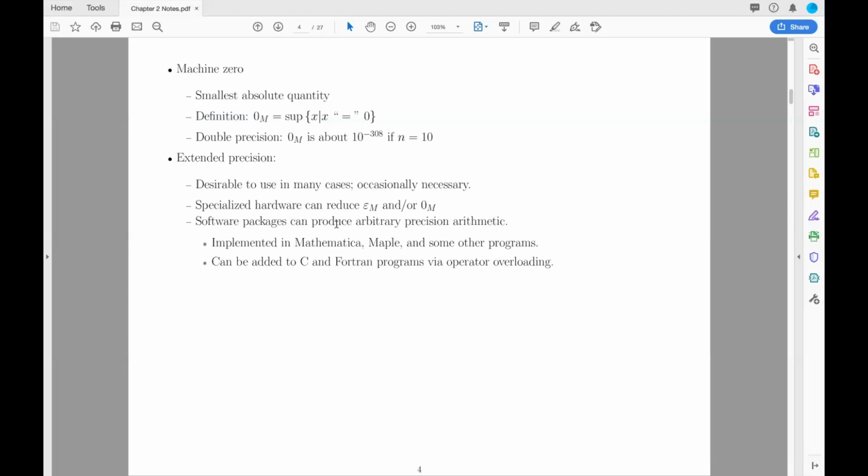Now there is software, however, that you can access to use higher precision. I know for C and Fortran, for example, there are packages designed to put higher precision arithmetic in those programs. Mathematica and Maple have it built in.